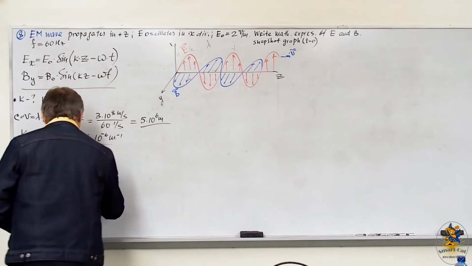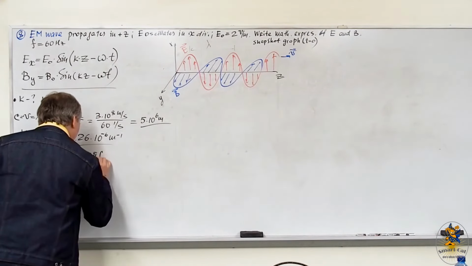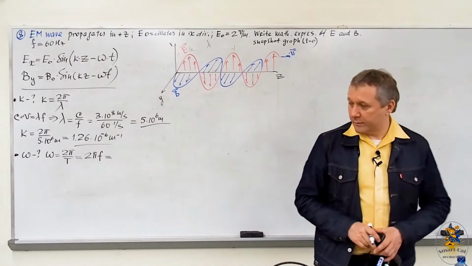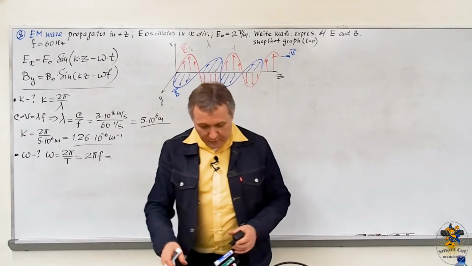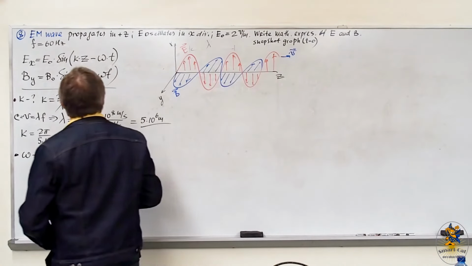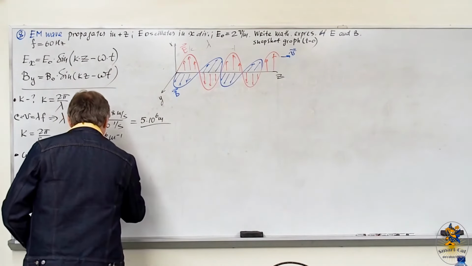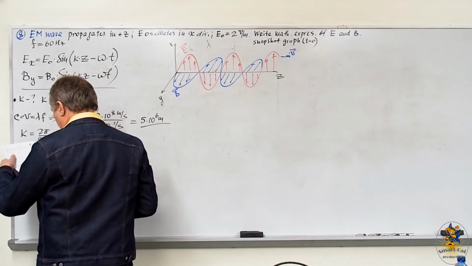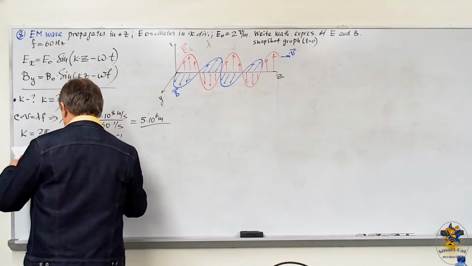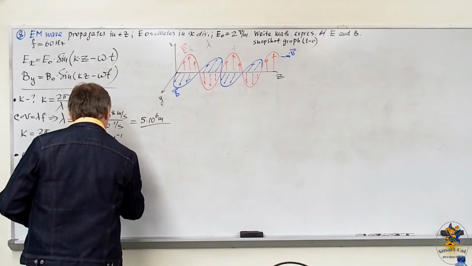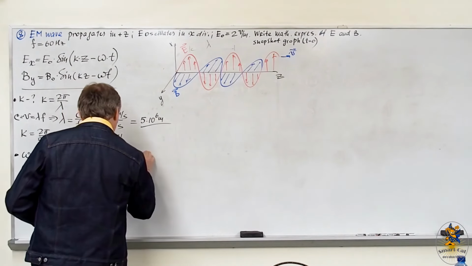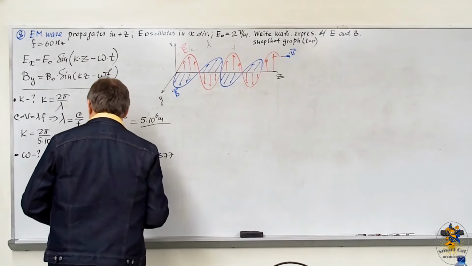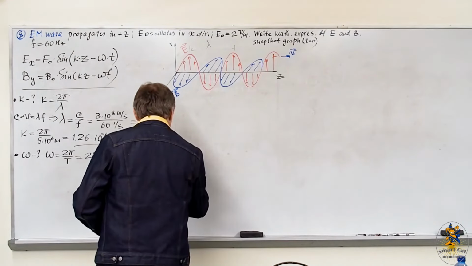So we can write it as 2 pi f. 1/T is f, the frequency. So we just need to plug in numbers. It's 60 hertz, so 2 pi times 60 hertz will be 377 radians per second.